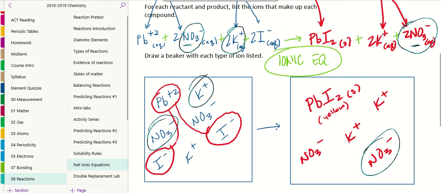What about potassium? Floating in your solution, still floating in your solution. Nothing happened to potassium either. It started out as an ion, it ended as an ion. We call these spectator ions. What are they spectating?